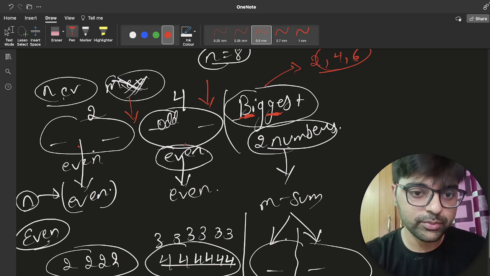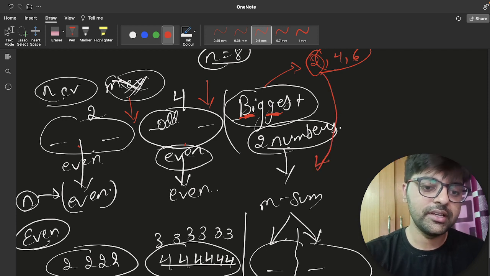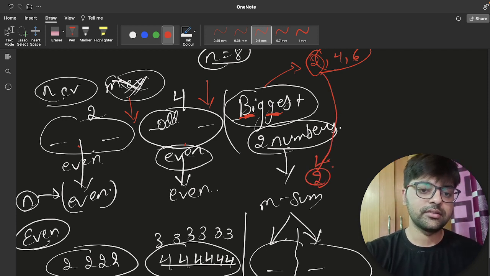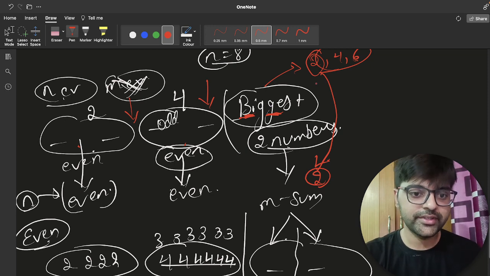And the smallest I am considering as 2, right? So this is the smallest number of elements left.